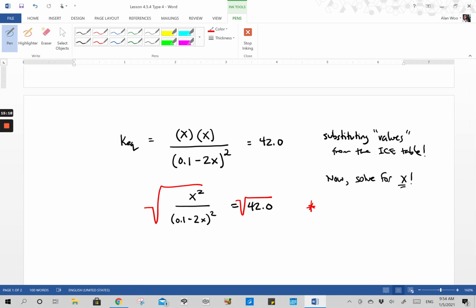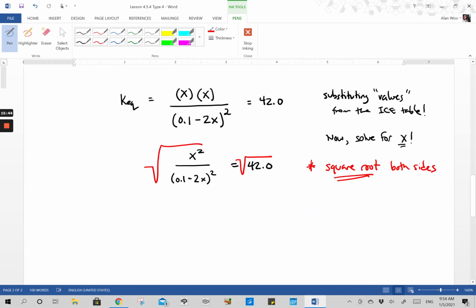But if you do have squares in both the numerator and the denominator, this is a really helpful trick. If you can square root, it makes the math a little bit easier.